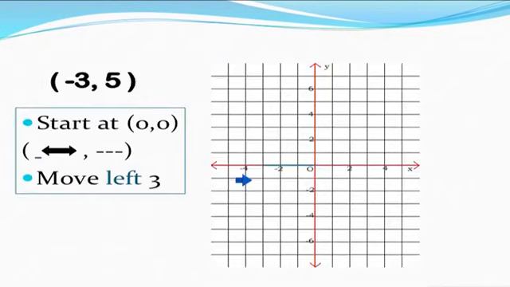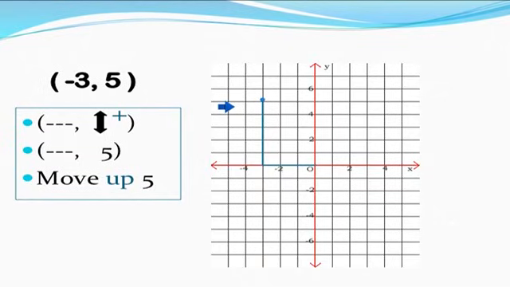We start at 0, 0. As 3 is negative, we have to move left from the origin on the x-axis, 3 points, and then as 5 is positive, we move up 5 points on the y-axis, and the intersecting lines will create the point -3, 5.